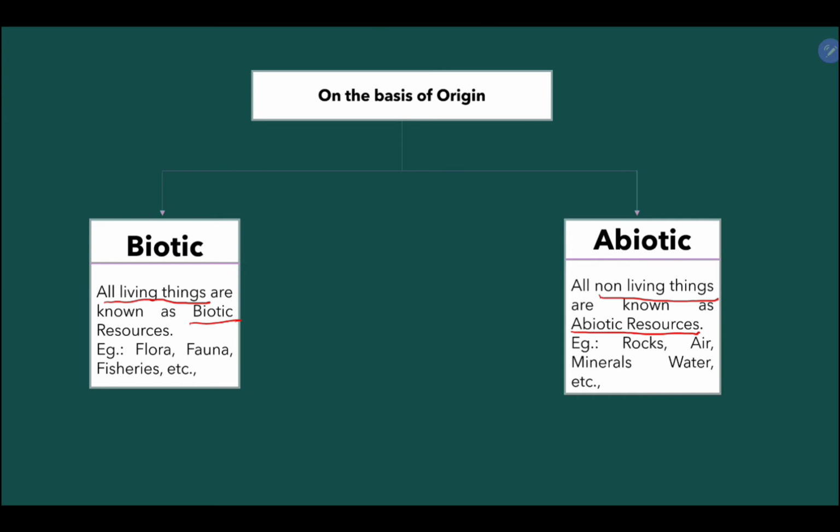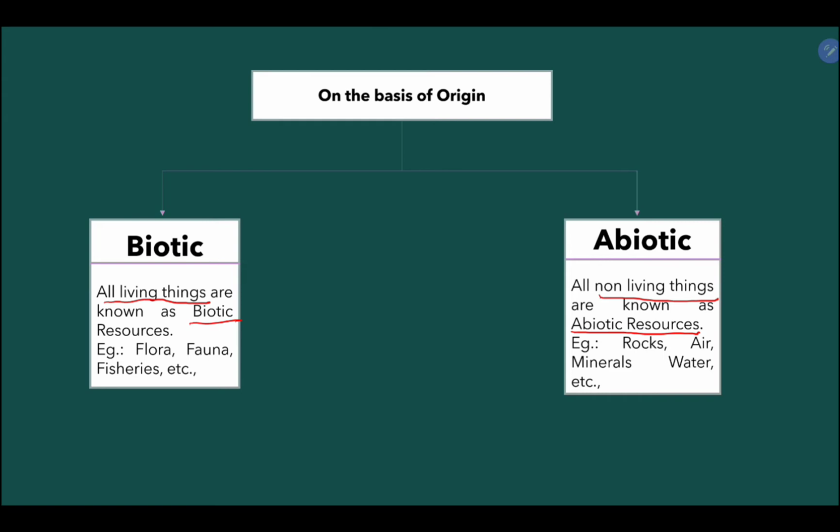The resources which have life are called biotic resources. Examples of biotic resources may be flora, fauna, humans, wildlife and vegetation, aquatic organisms, animals, etc.